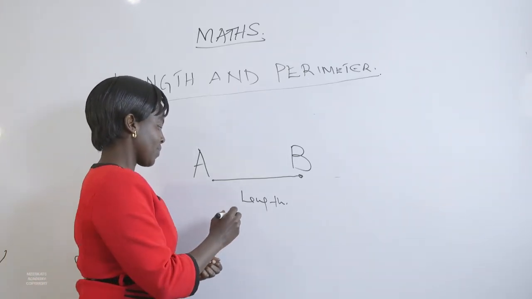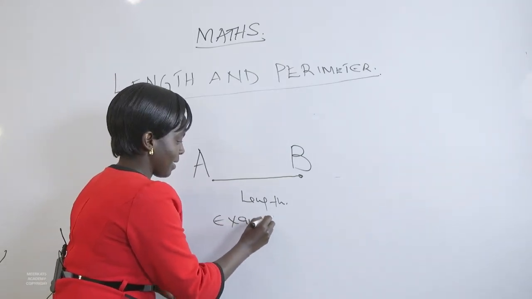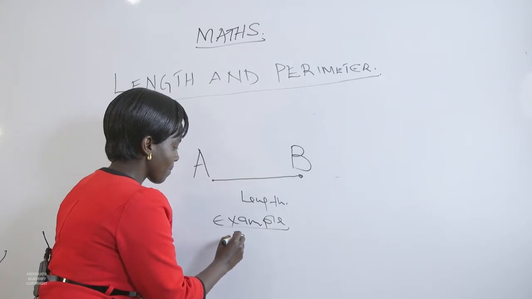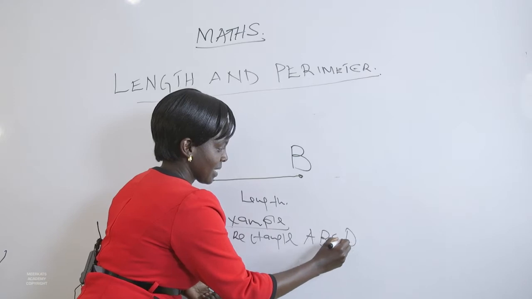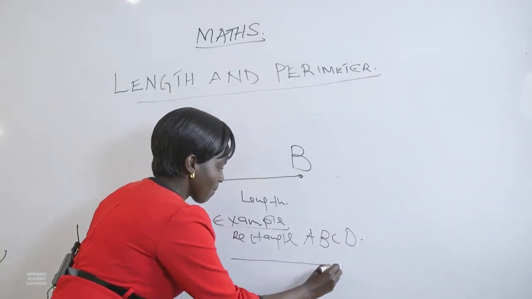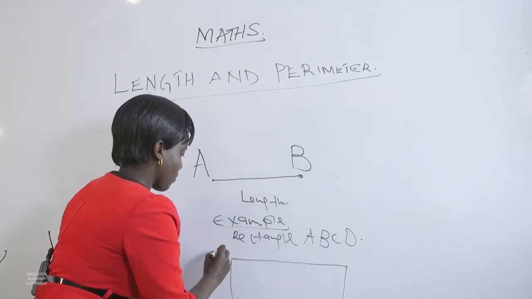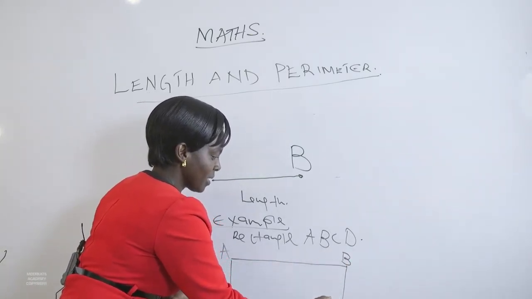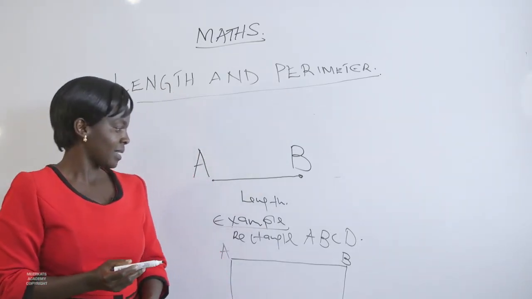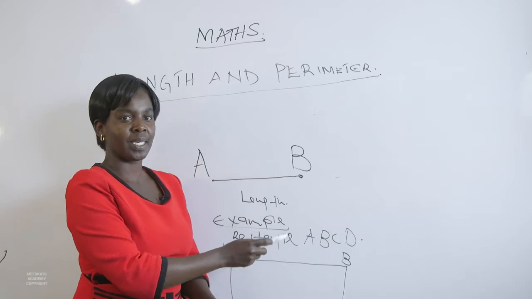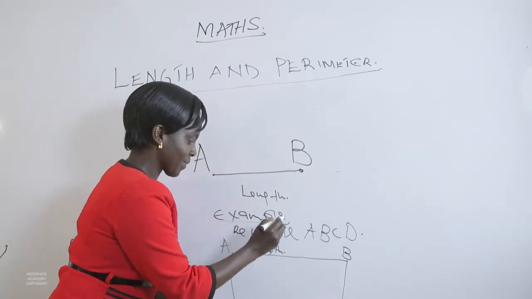For example, if we have a shape of a rectangle, let's call it ABCD. This rectangle has points A, B, C, and D. The distance between point A and point B is what we refer to as the length.